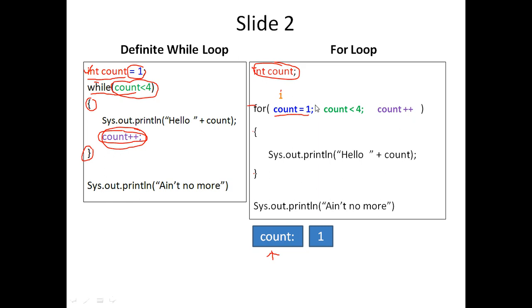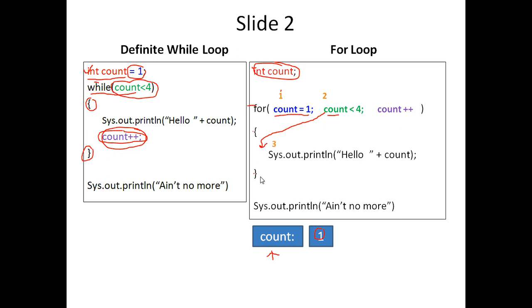The second thing is it's going to move on here to the Boolean expression. And so count is 1, is count less than 4? Yes, it is. So since that's true, now we're going to jump into the loop. So we're skipping the third argument for now. We're going to go right to the loop from here.